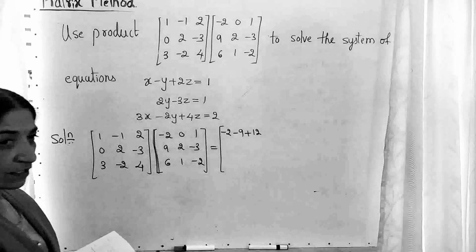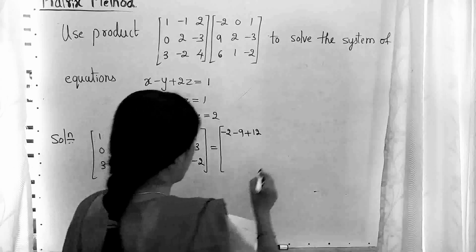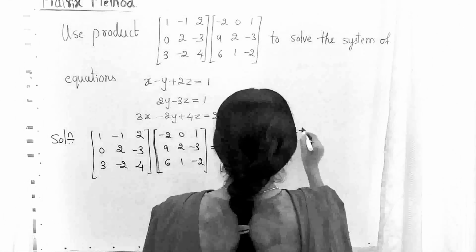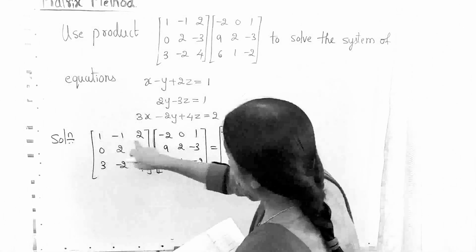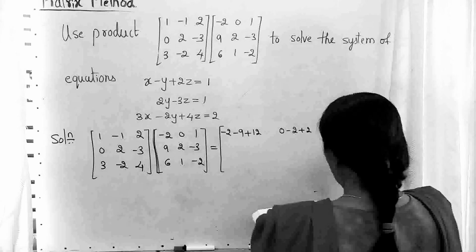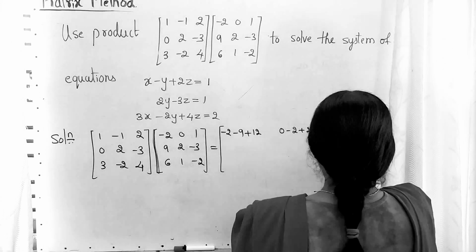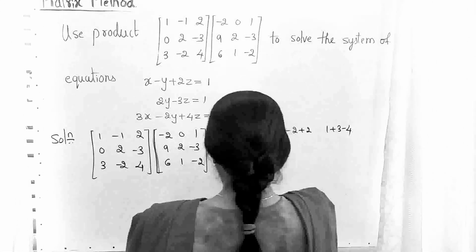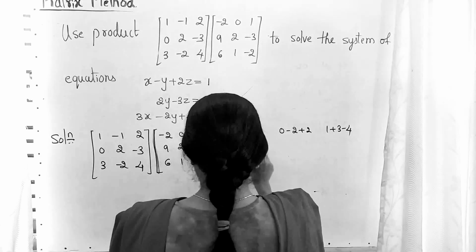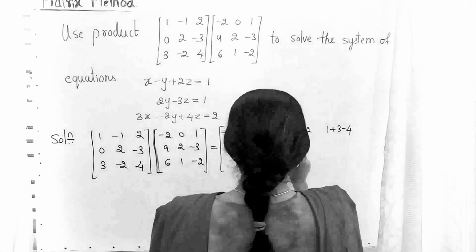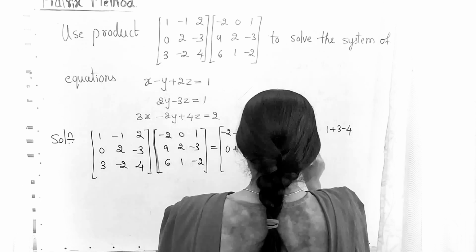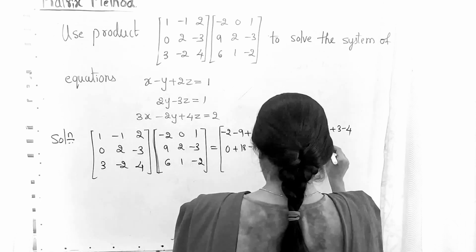Students are familiar? That's why I am writing the values directly. Next, 0, minus 2, plus 2 here. First row with second column, then first row with the third column. Similarly, move on to the second one. Second row with first column, second row with the second column, second row with the third column.